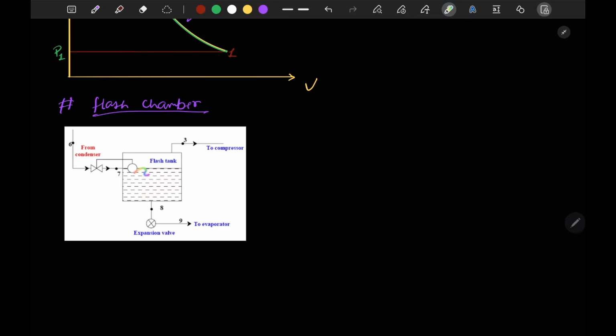If the liquid level rises, it means that the mass flow rate out is less, so it will increase the mass flow rate. So this float basically controls the mass flow rate inside our system.